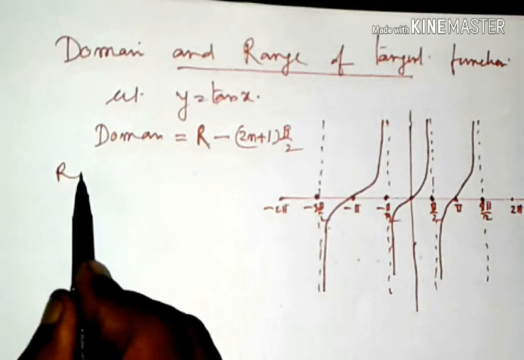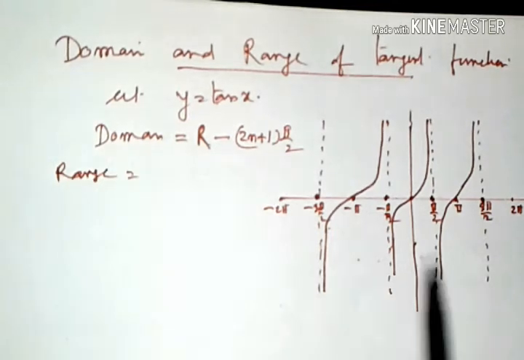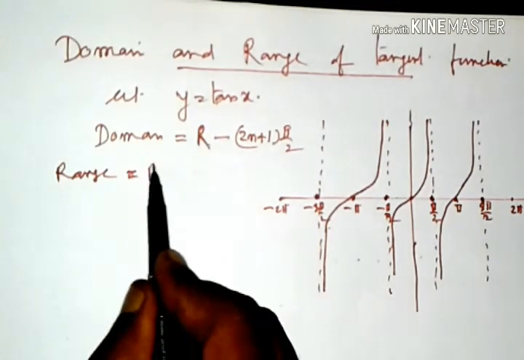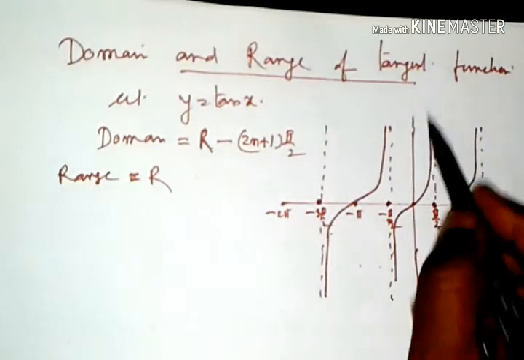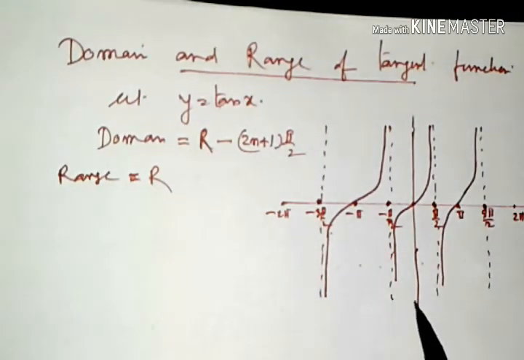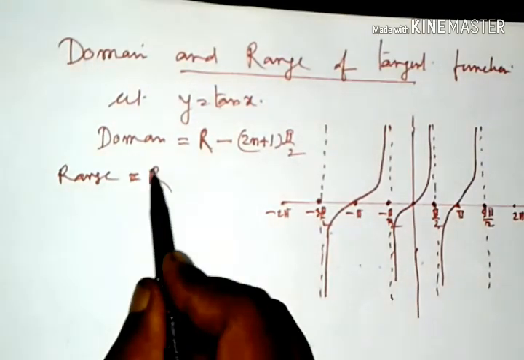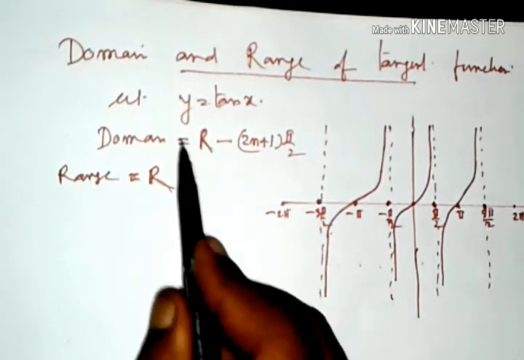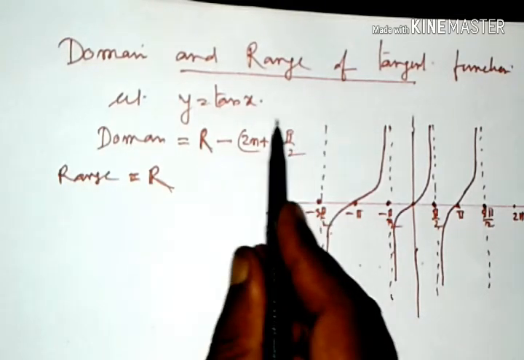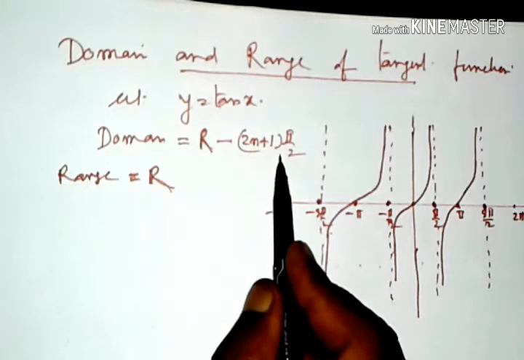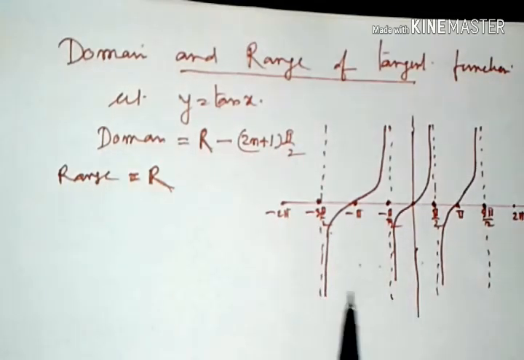The range is all real numbers. So the range is the set of real numbers, but the domain is real numbers excluding these values. So this is the range and result.